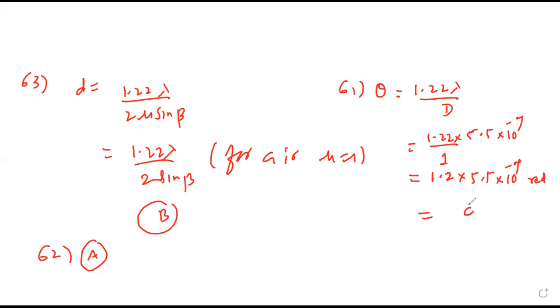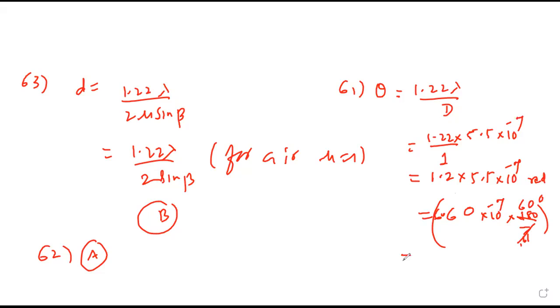So 12 into 560, that is 66 into 10 raised to minus 7. Multiply with 180 upon pi and you will get it in degree. Pi is 3.14, I'm taking approximately 3.